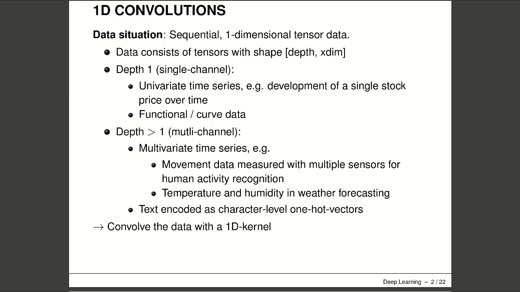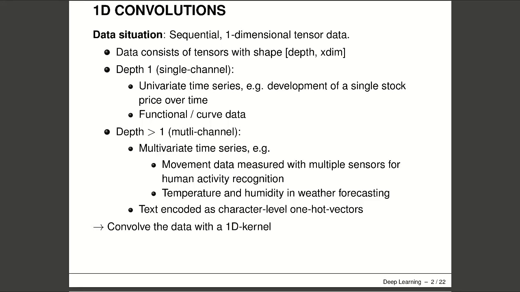We also have multi-channel input when text is encoded as a character-level one-hot vector. An example is bioinformatics data. Imagine we have a genome sequence dataset composed of only the four characters T, C, G, A. In this case, we have, for example, a four-channel input.